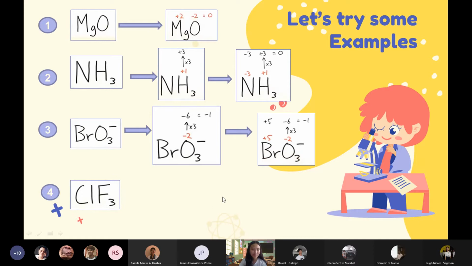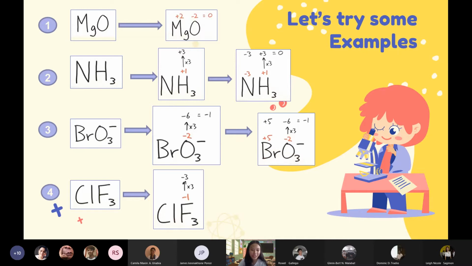Next. Chlorine and F. Take note, guys, that chlorine and fluorine are both halogens. You can see that in the previous table.